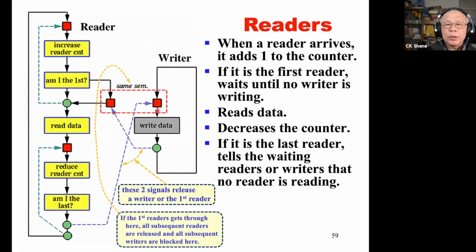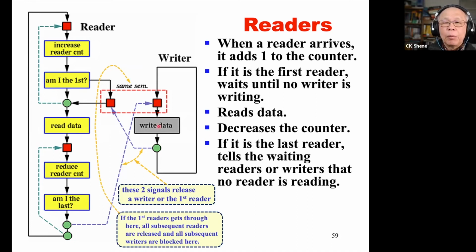As we mentioned earlier, when a writer finishes writing, the writer signals this semaphore. Keep in mind, this is the same semaphore. So this signal could release a writer or the waiting first reader. Remember, this semaphore is used to block the first reader and any subsequent writer, if currently there is a writer writing.